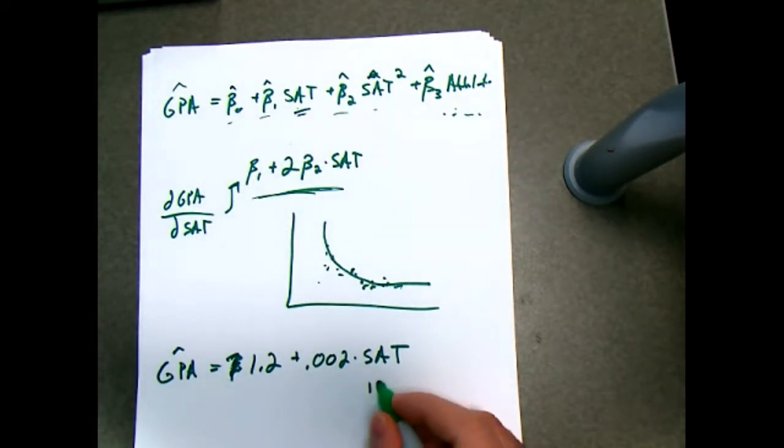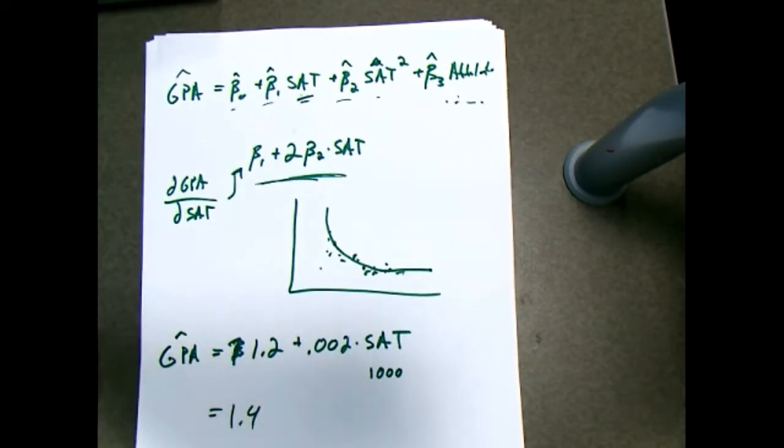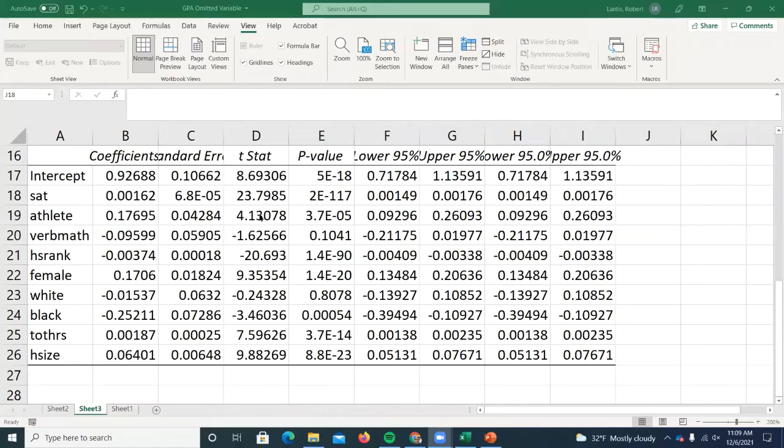Somebody who gets 1,000, well, this would be what? Move the decimal point 3 places. So 1.2 plus 0.002 times 1,000 would be 1.4, right? And that's kind of the idea of how I would make these predictions. So it's more complicated because I have more variables, but this is generally how I would go about making a prediction for a hypothetical person.